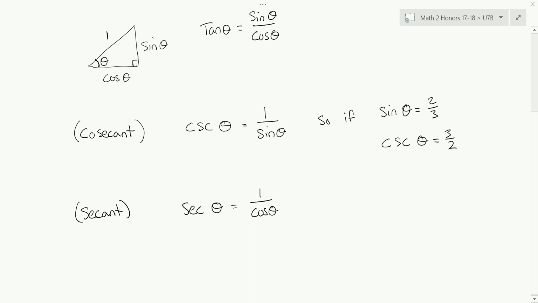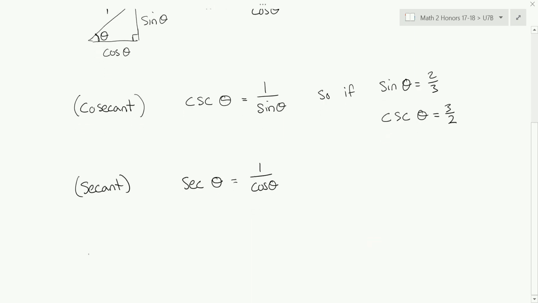And then the last one is the cotangent, abbreviated COT, which is 1 over the tangent of theta. So we got the cosecant, the secant, and the cotangent.